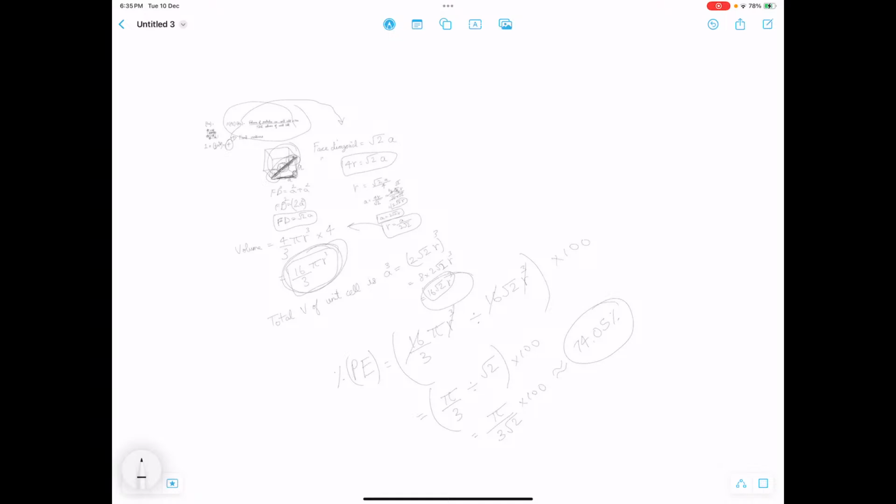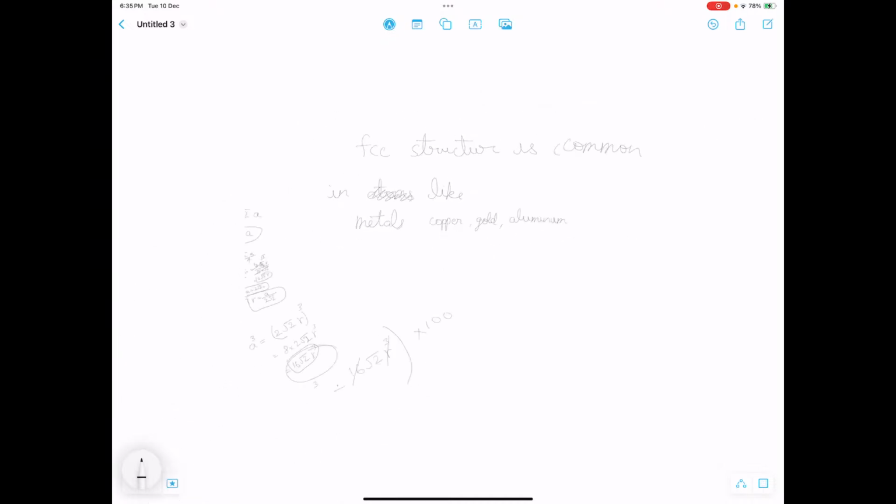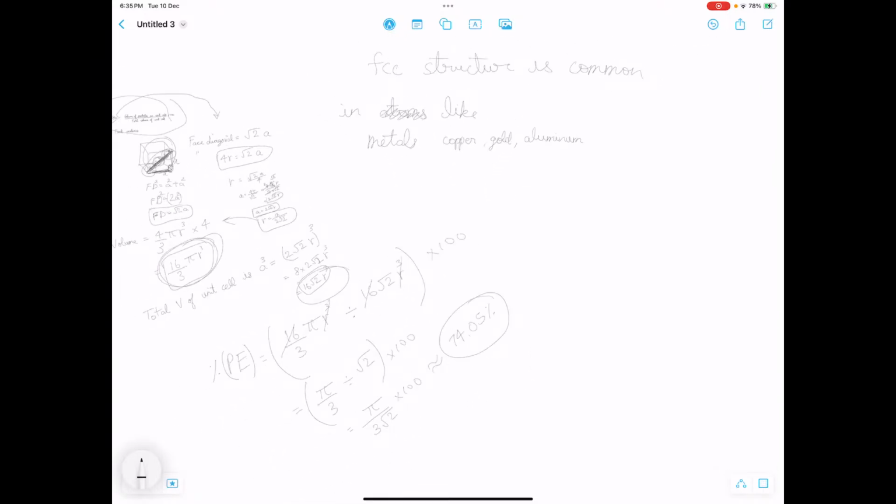So the FCC structure is common in metals like copper, gold, aluminum. This structure has high packing efficiency.